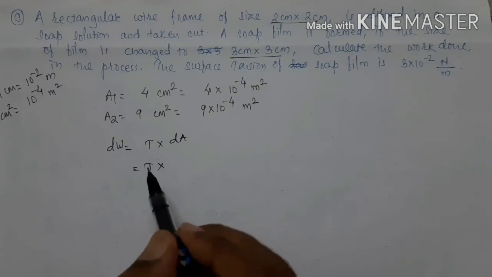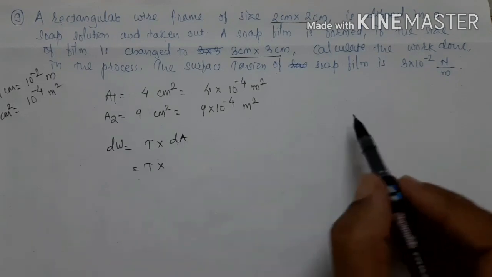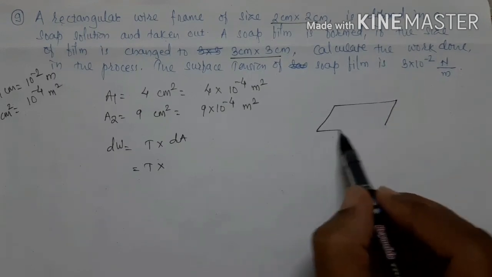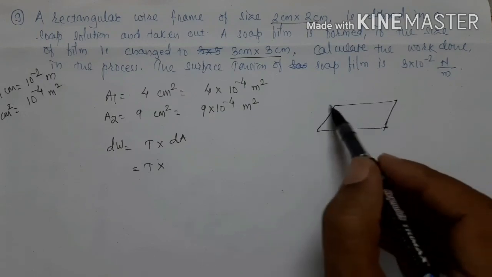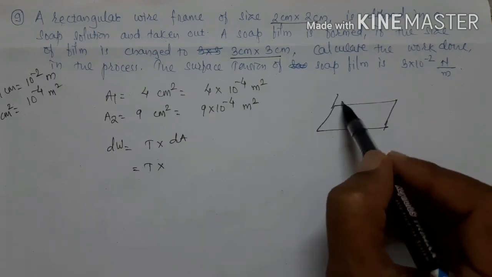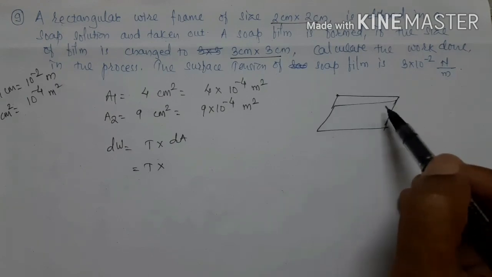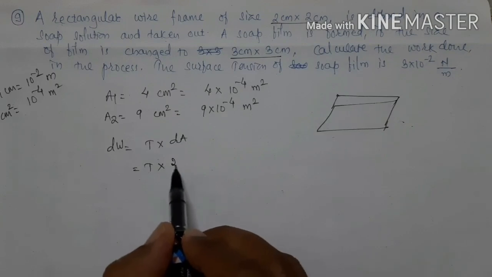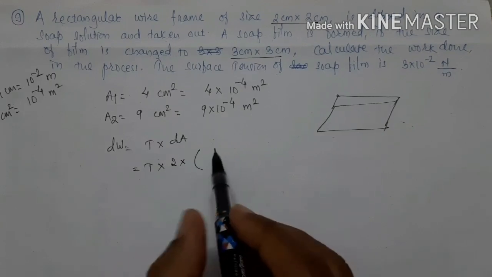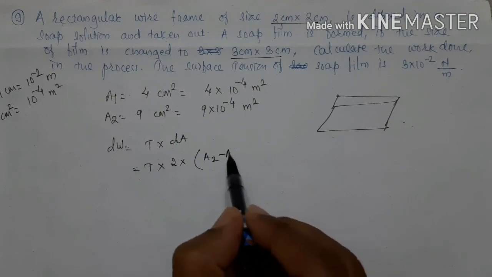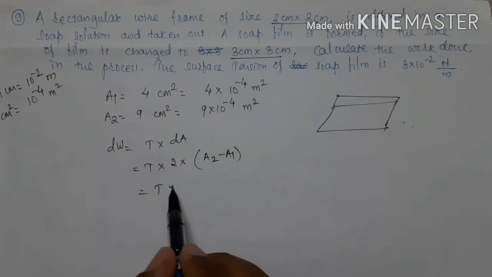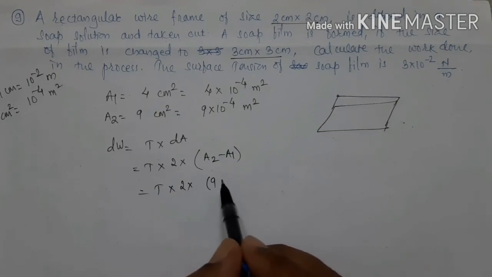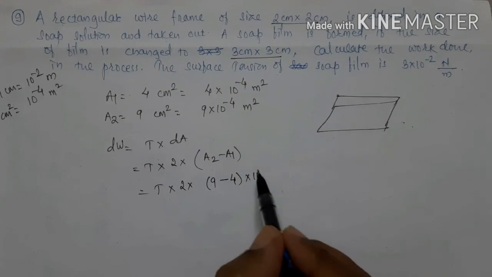This is a square frame actually, and both its sides are in contact with air, therefore I will take it as 2 into the change of area, A2 minus A1. It is T into 2, into 9 minus 4 into 10 to the power minus 4.